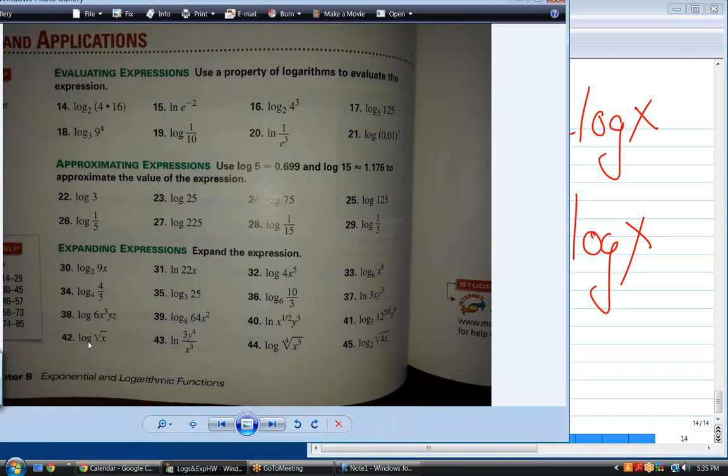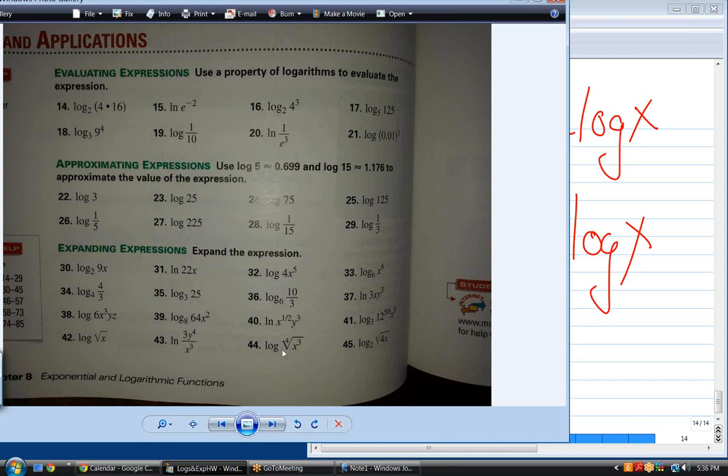How about this one? 42. Radical sign. Wouldn't that be half log x? Good. How about this one? Log 3 plus, no, it's log 3 plus 4 log y minus 3 natural log x.